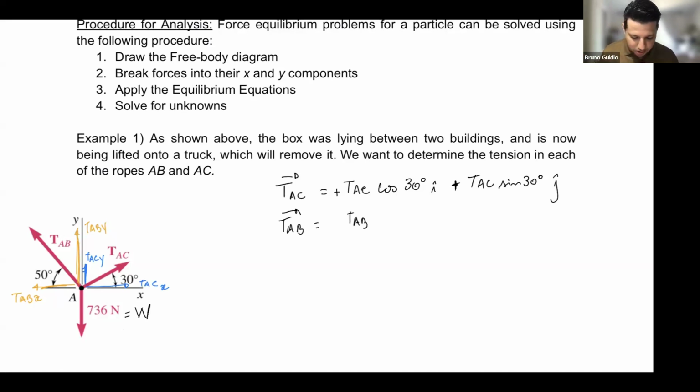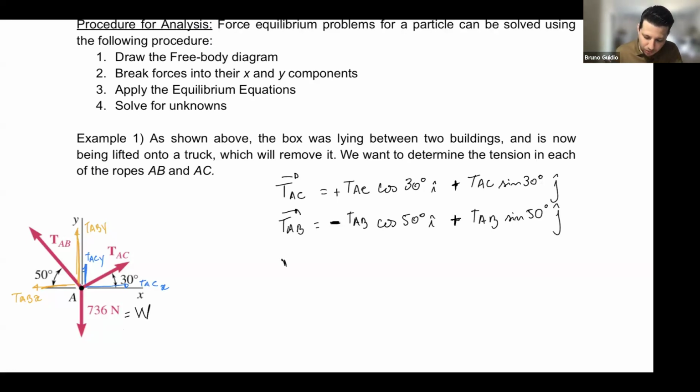The x component is negative because it's going to the left, cosine of 50, since 50 is measured from the x-axis. The y component is positive, going up: TAB sine 50 j hat.